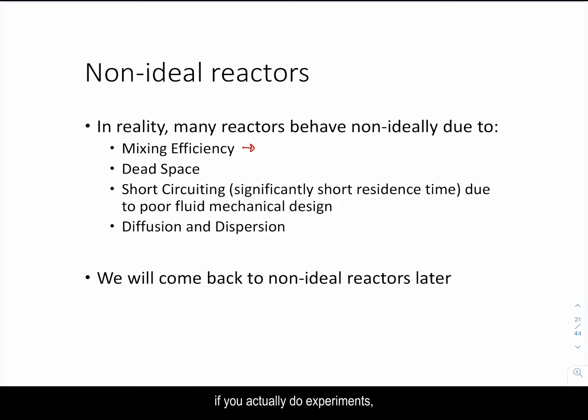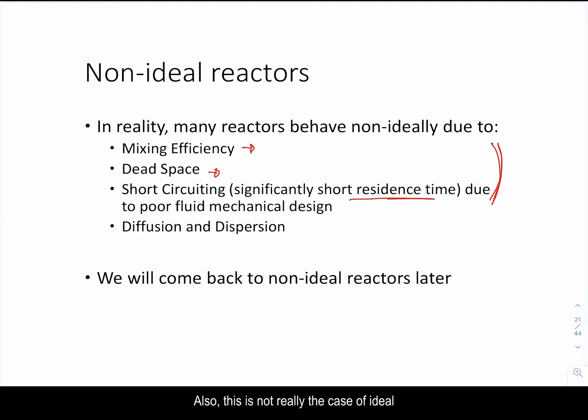If you actually do experiments, you notice that mixing may not always be perfect all the time. So due to the mixing efficiency, you may also have dead space. You may sometimes have short circuiting, meaning a really short residence time due to poor fluid mechanical design. And due to all of these things, it may behave non-ideally.